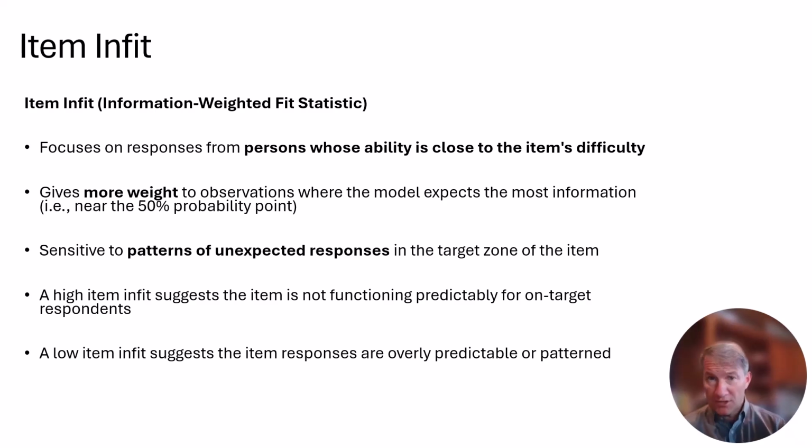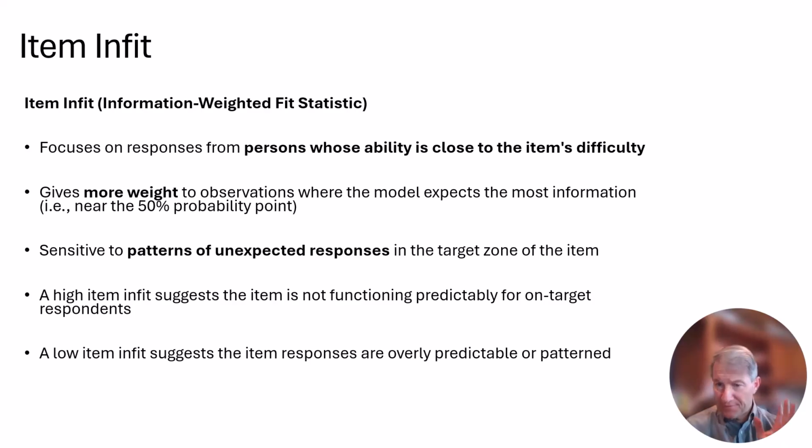After running a Rasch analysis, one of the first things that we look at is the performance of the individual items. And one metric for looking at individual items is item infit, which stands for information weighted fit statistic. This fit statistic focuses on responses for people whose ability is very close to the specific item's difficulty.